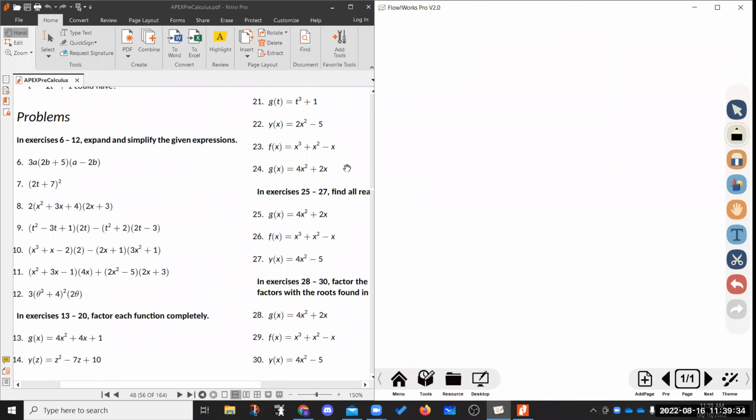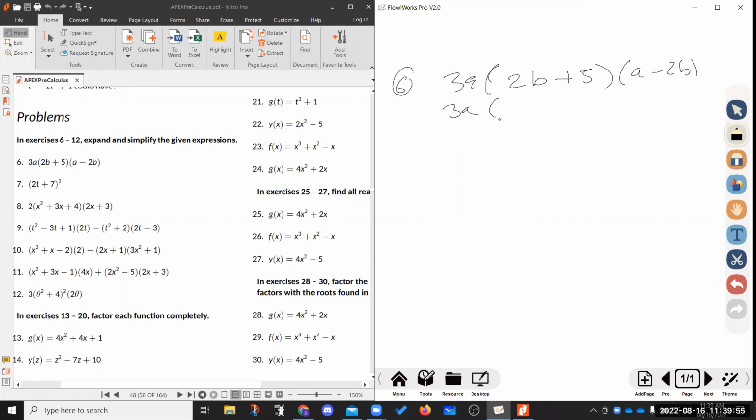All right, we're going to expand number 6. 3a times the quantity b plus 5, a minus 2b. I'm going to leave this 3a on the outside first because it's the easiest thing to multiply in later.